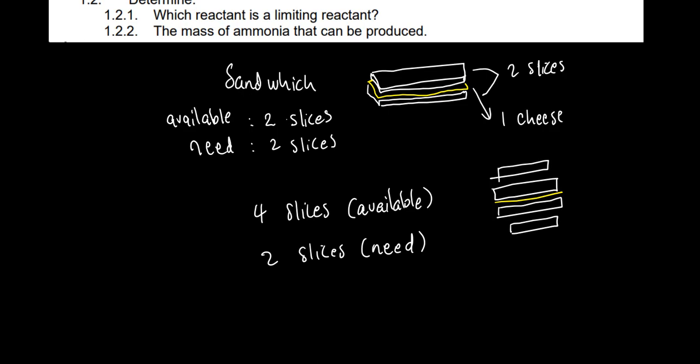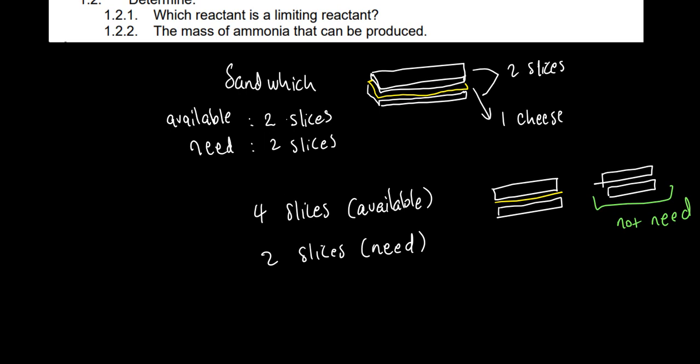We'll simply take our two slices and make the sandwich. So these ones that we do not use, that we do not need, are called the excess number of slices.